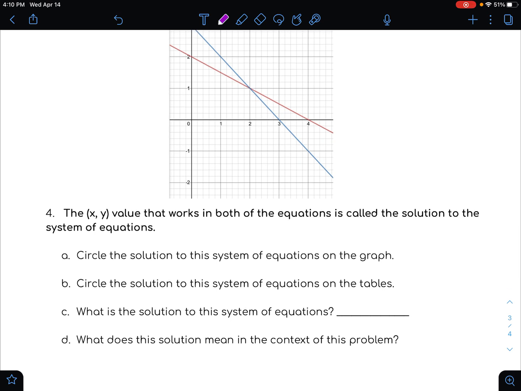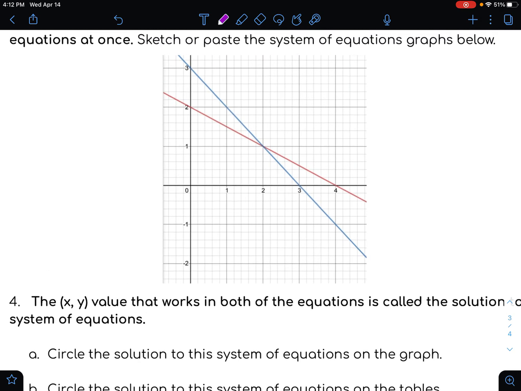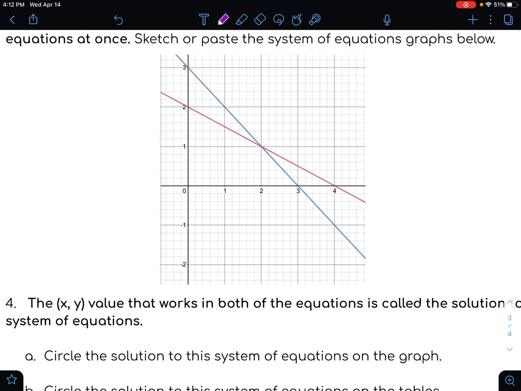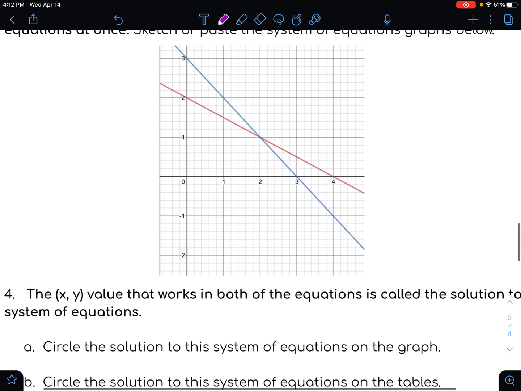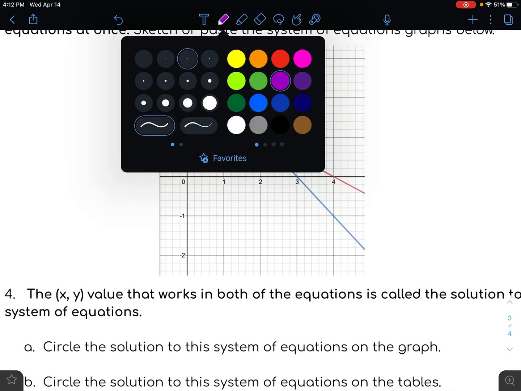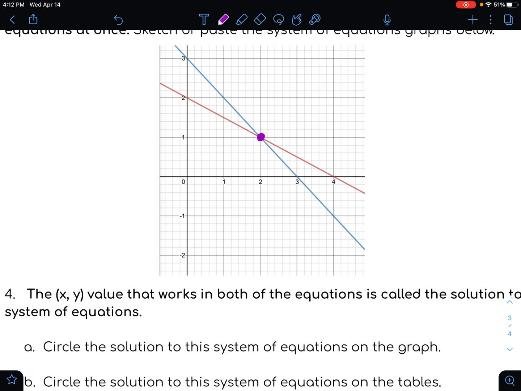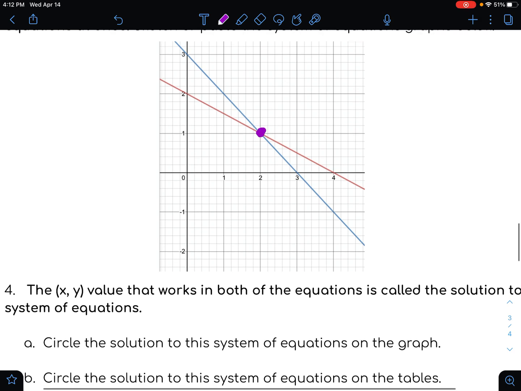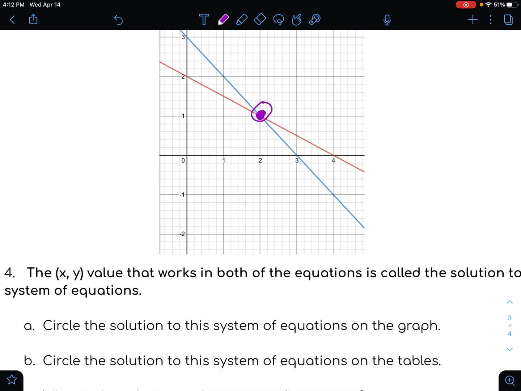Now let's answer some questions. The xy coordinate value that works in both of the equations is called the solution to the system of equations. Circle the solution to this system of equations on the graph. So the solution to the system, we can see, is right there. If we want to circle it, go ahead and circle it. We know that is the solution because it's on both of the lines, because it works in both of the equations.